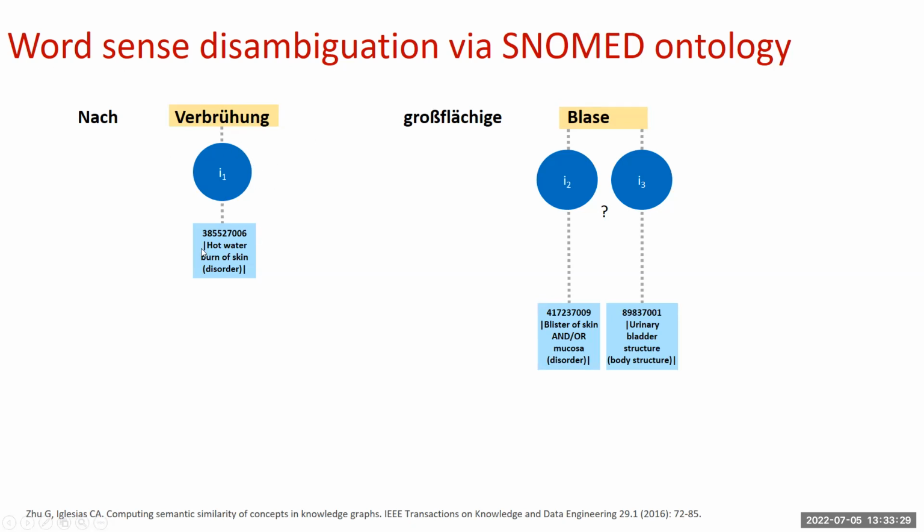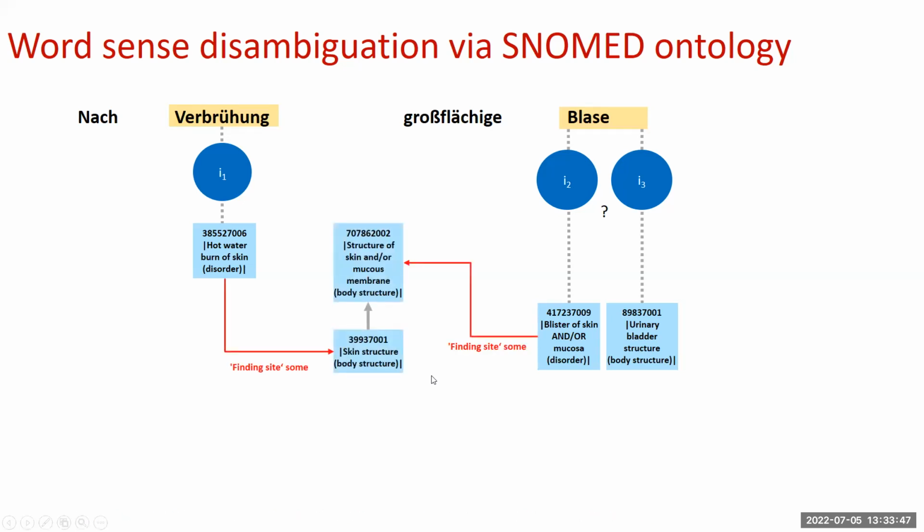This here is hot water burn of skin, and then this here could have two referents. It could be a blister of skin or mucosa, or it could be the urinary bladder structure.